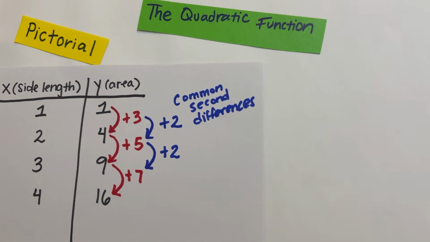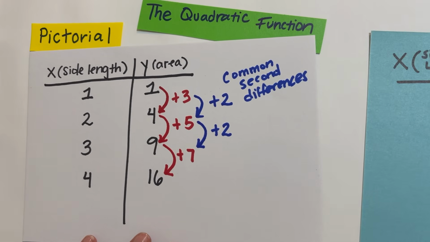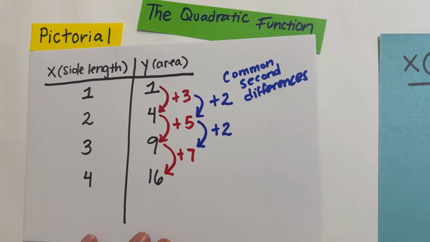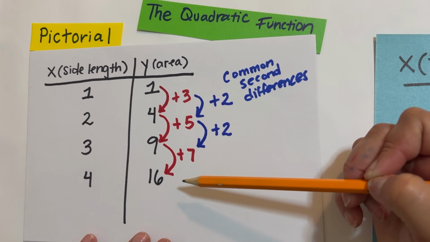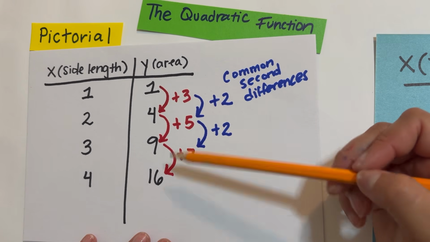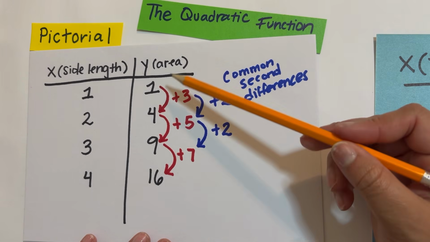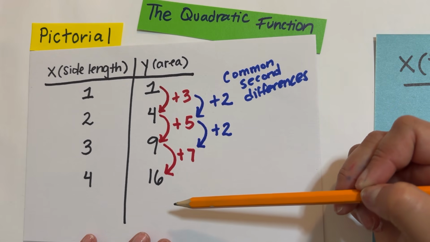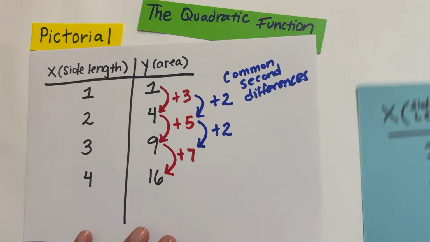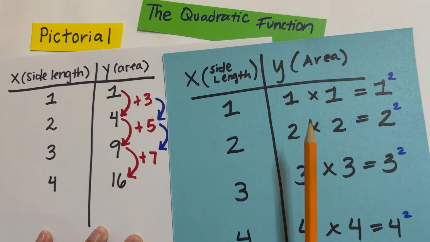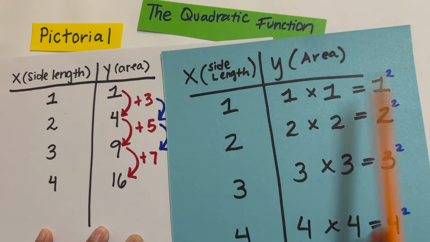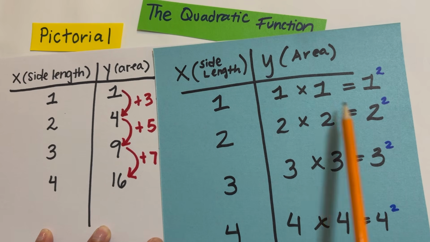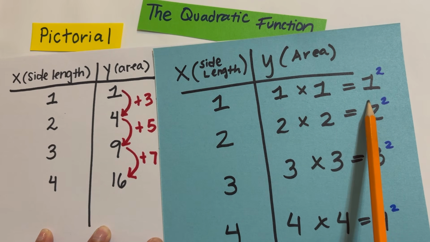Let's look at how this table of values can help us find an equation. Anytime there's a pattern in math, mathematicians like to create a formula to show the pattern for any number. So, when the side length was 1, the area was 1, because 1 times 1 equals 1.